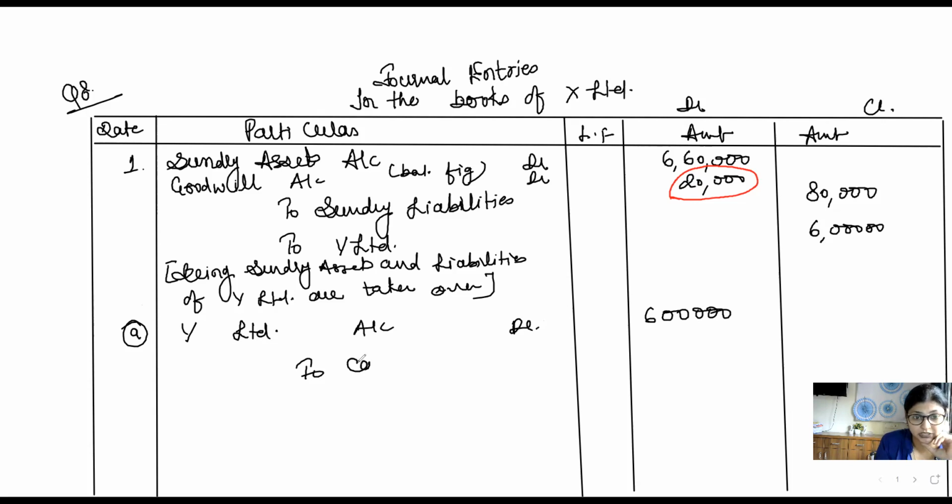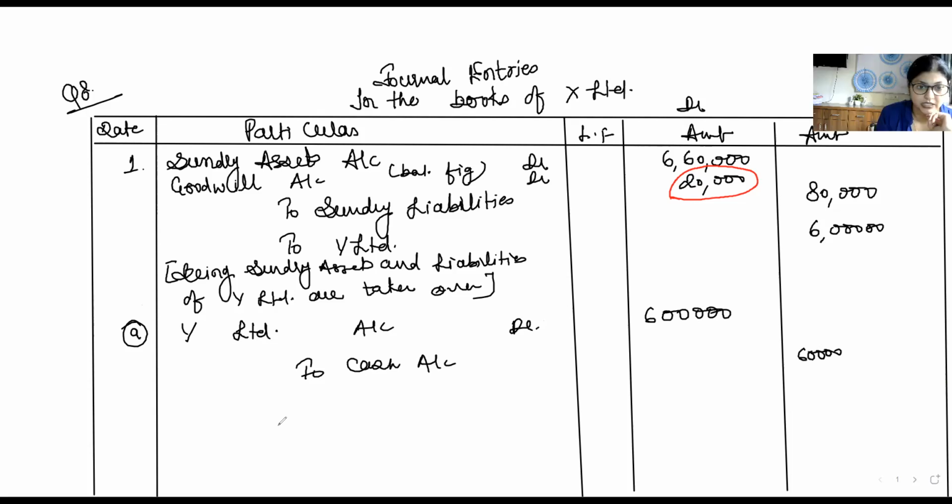So to cash account 60,000 rupees, and to 12% debenture account, since we have issued 12% debentures. The balancing figure will come over here, which is 5,40,000.